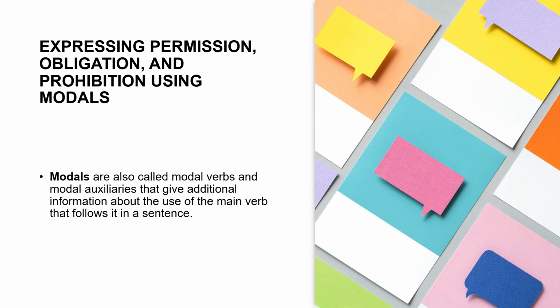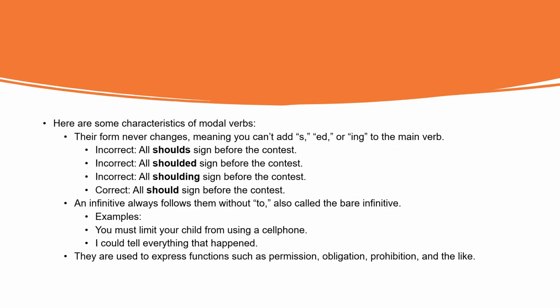So, how do we know it? If we look at the example given, we will know the characteristics of modal verbs. First point, their form never changes, meaning you cannot add s, ed, or ing to the main verb.